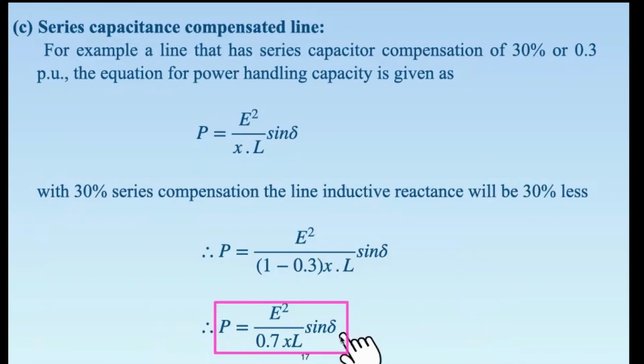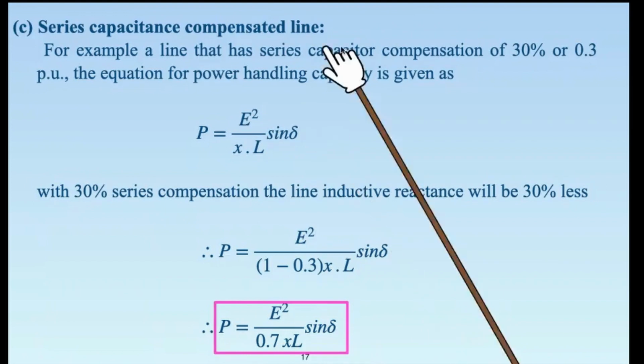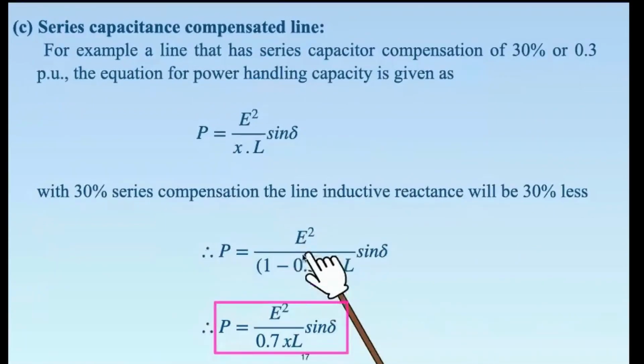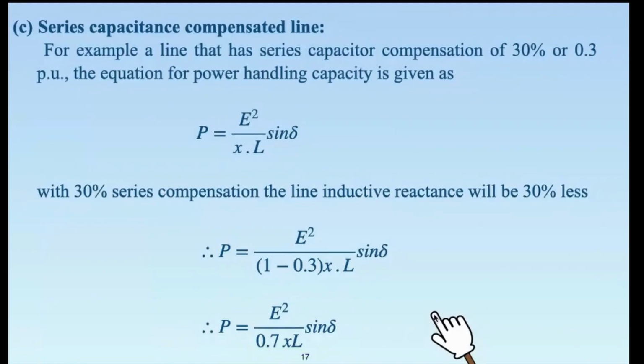And thirdly, we have seen this particular equation, that if a line is compensated by a certain percentage or per unit value, then it can be adjusted. The denominator will have this particular form: 30% compensated, so only 70% will be the positive sequence reactance. So these are the equations that will be helpful to us in moving ahead with the study of the power handling capacity of transmission lines and further calculations. Okay.